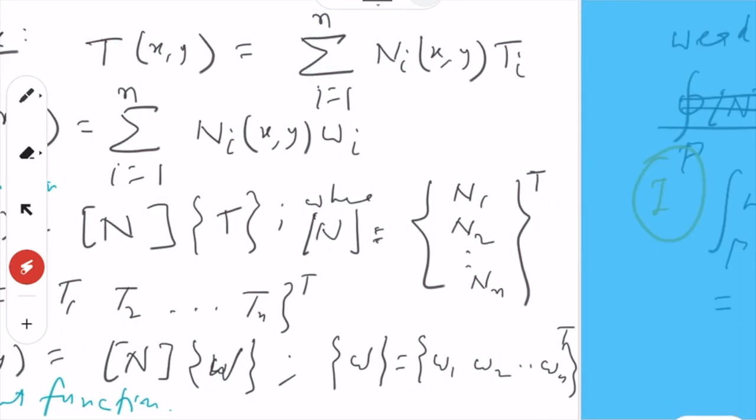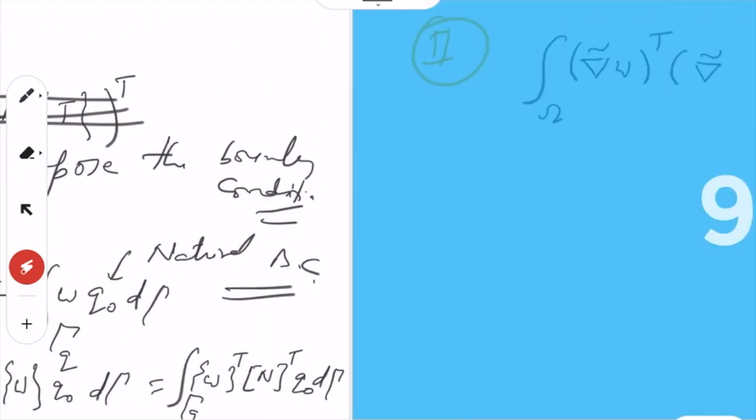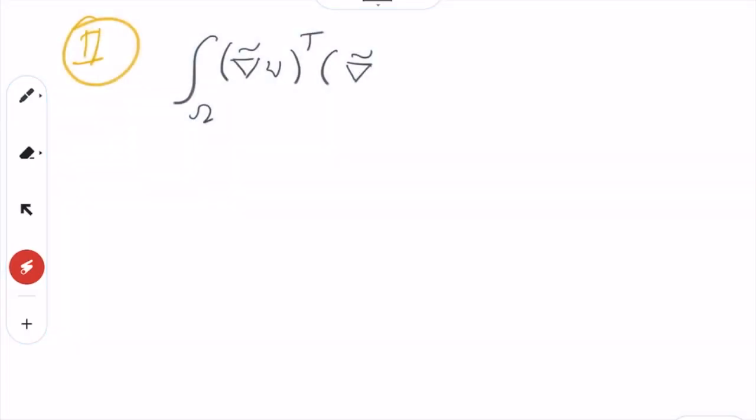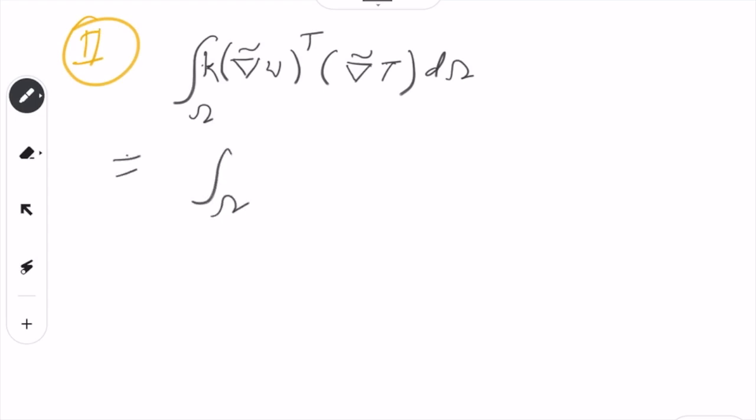So we can write like this: del tilde w transpose, then k, del tilde T, d omega, equal to, we can now put the value of this.